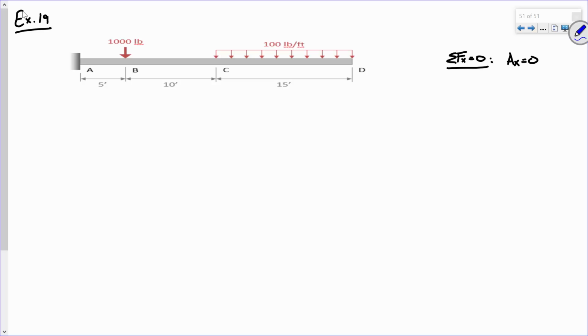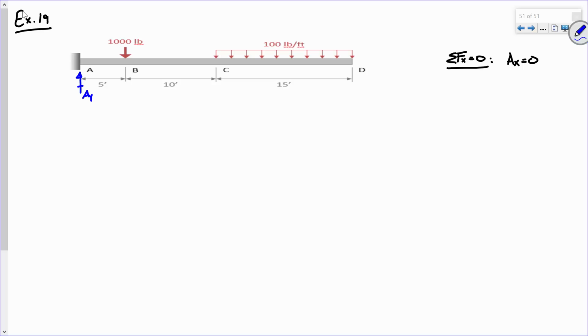indicates that AX is 0. But we're going to have a vertical reaction and a moment reaction. Let's start off with the vertical reaction. We have to assume a direction. What direction do you want to assume? Up. So let's put, I don't know, how about that? Sound good? Moment reaction. Do you want to assume clockwise or counterclockwise?